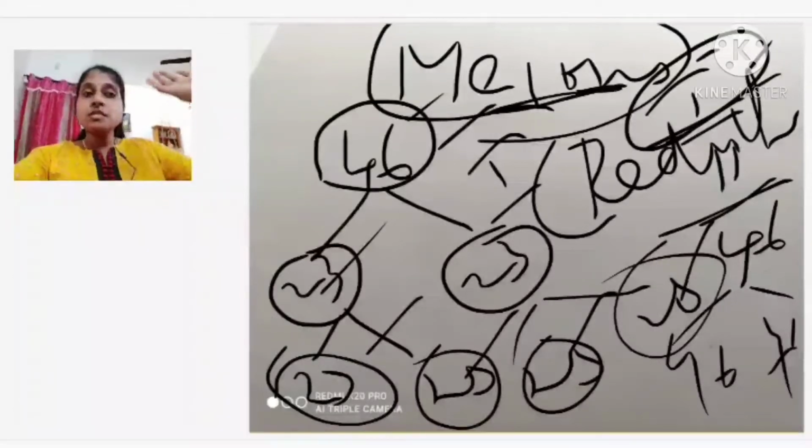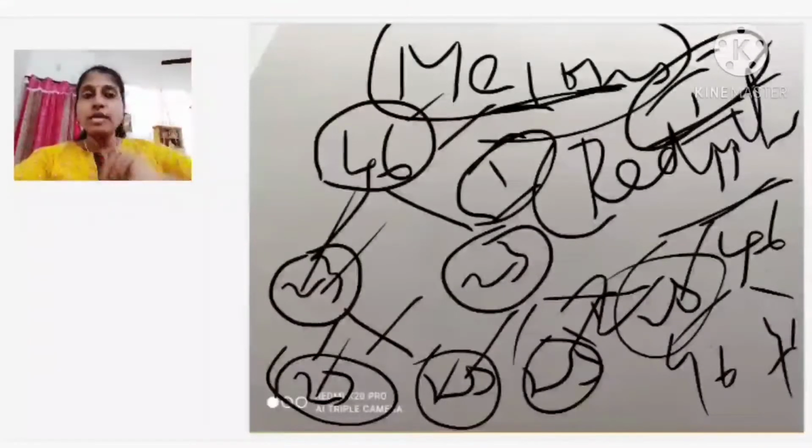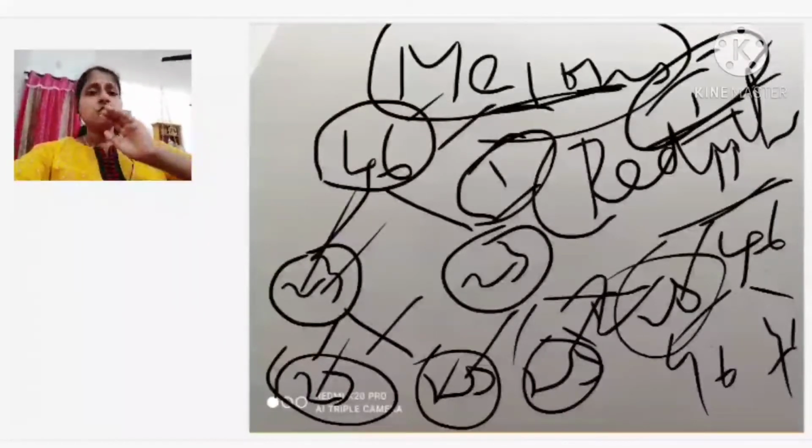So this is regarding your meiosis. Meiosis One is a reduction division, Meiosis Two is an equational division, because the number of chromosomes is equivalent to that of the parent. That's why it is called equational division, which is similar to mitosis.